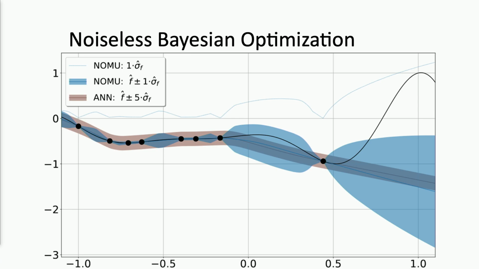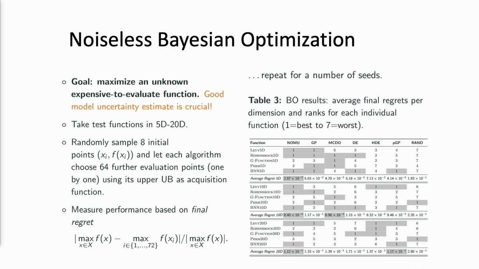With such a constant uncertainty, maybe in the previous metrics this wouldn't hurt so much, but for Bayesian optimization you would get stuck and always keep querying this left point, and the uncertainty wouldn't go down, while for a reasonable method here, the uncertainty is larger, so you should become more curious to also explore this to find this optimum. And we tested this with upper bound as acquisition function, in the language of Bayesian optimization.